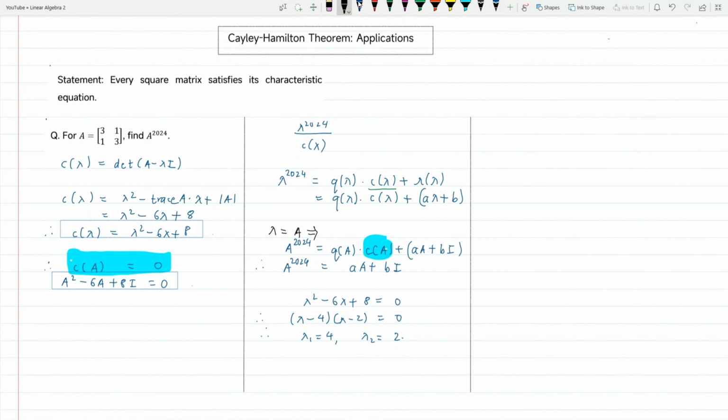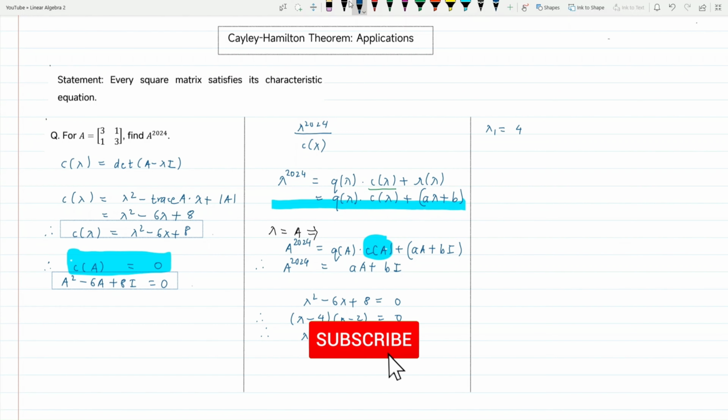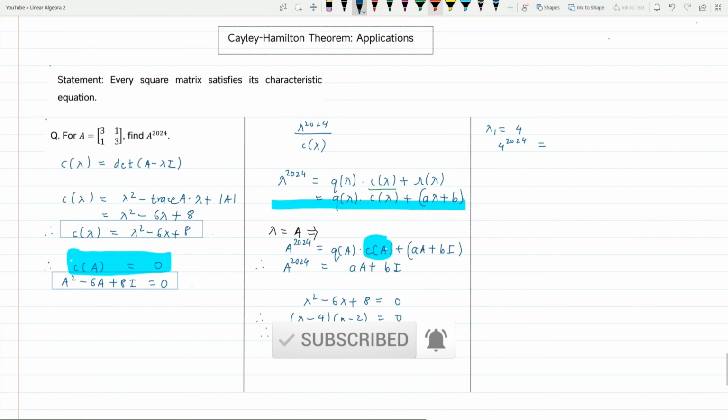Next, we are going to substitute the eigenvalues of A in the remainder equation, which is λ^2024 = q(λ)C(λ) + aλ + b. Substituting λ1 = 4, we get 4^2024 is equal to, the moment you substitute λ = 4, since this is the characteristic polynomial, it becomes 0, and so this entire term becomes 0.